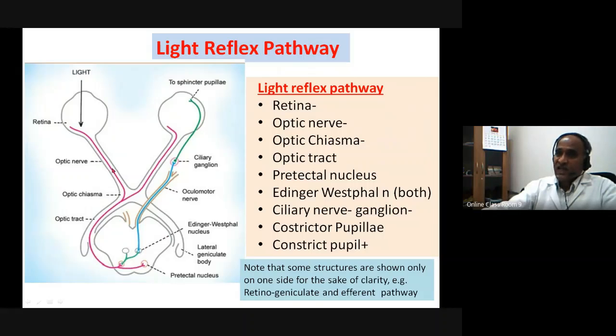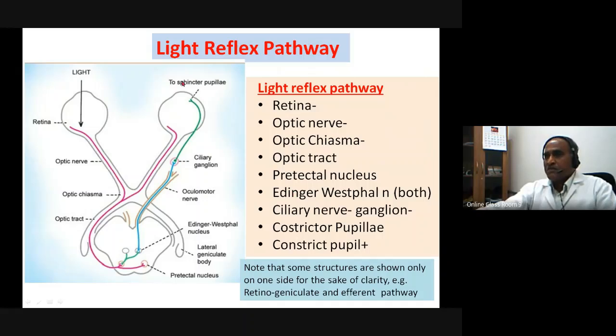This side I have intentionally not drawn, because the clarity of the pathway would be missing. So this is the afferent connection, this is the efferent connection. So I have made it here: retina, optic nerve, optic chiasma, optic tract, pretectal nucleus on both sides, Edinger-Westphal nucleus on both sides, the ciliary nerve and ciliary ganglion, and this is the ciliary nerve.